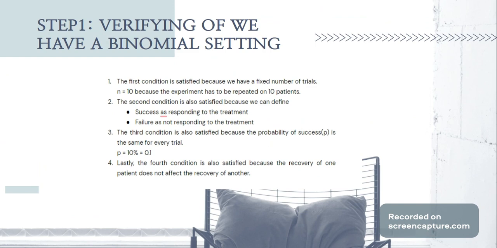The second condition is also satisfied because we can define success as responding to the treatment and failure as not responding to the treatment. The third condition is also satisfied because the probability of success p is the same for every trial and it is equal to 0.1.